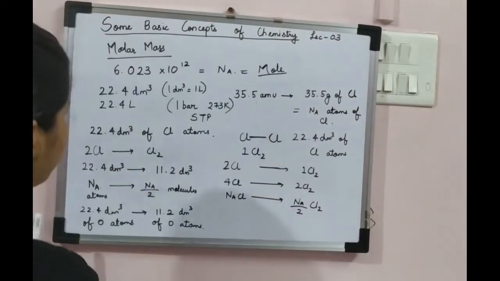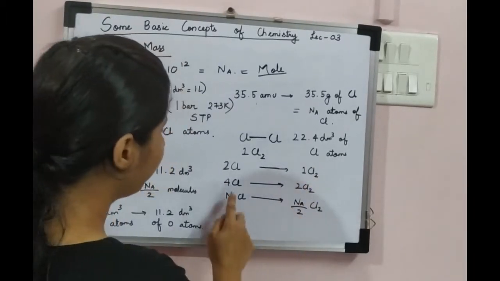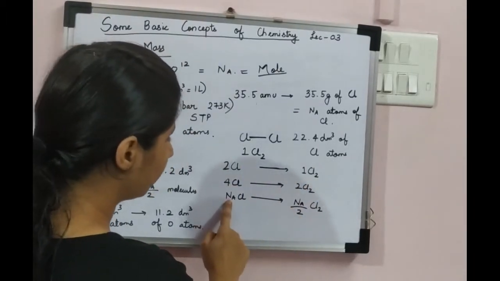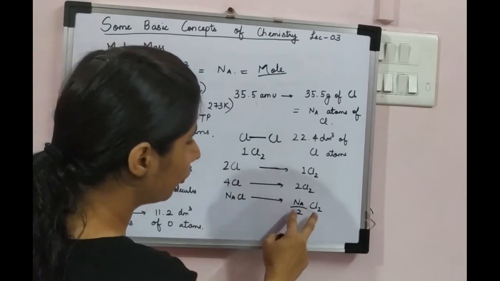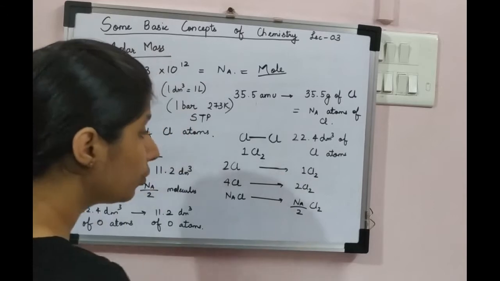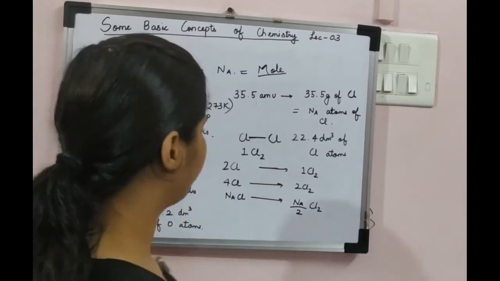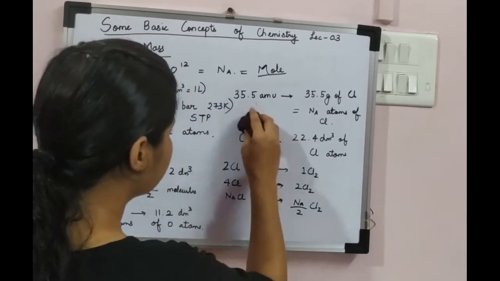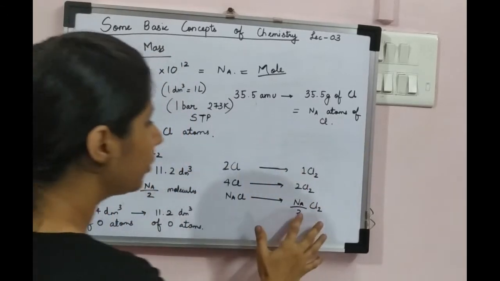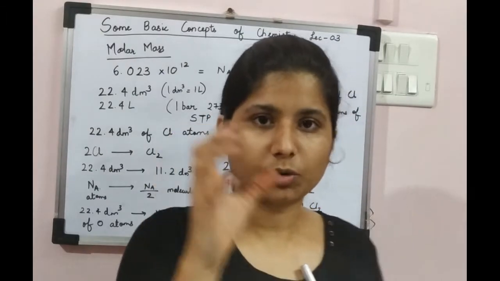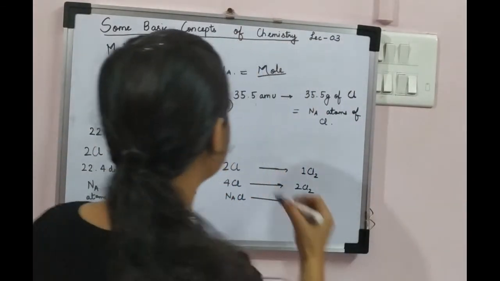Now one more thing. If I have any atoms of chlorine, and they react to form chlorine molecules, I will have Na/2 molecules of chlorine. Now suppose I don't want Na/2 molecules. The chlorine molecule is an independent entity.